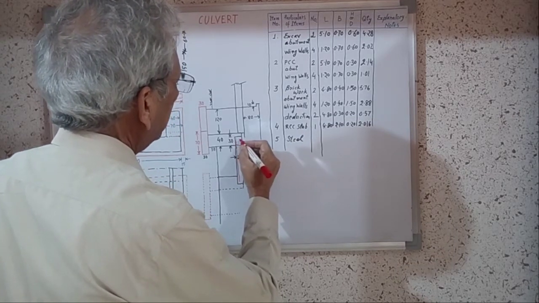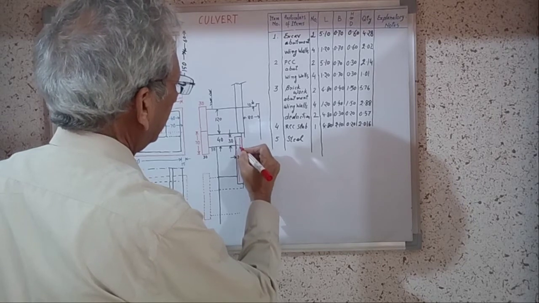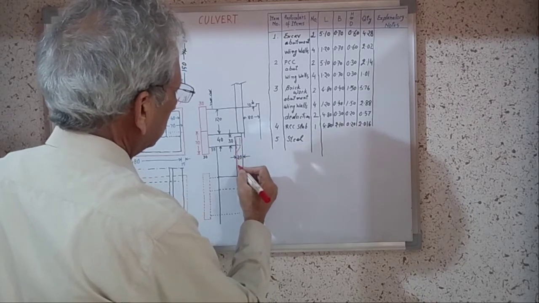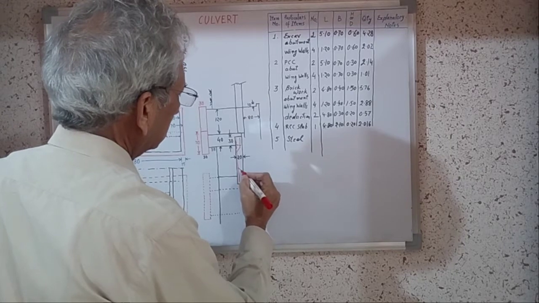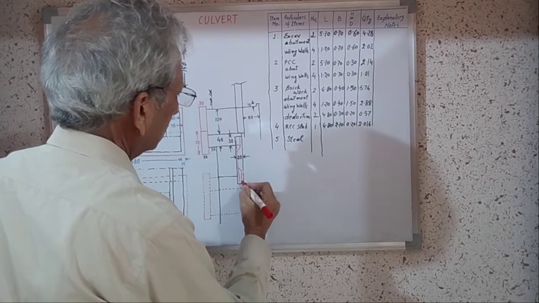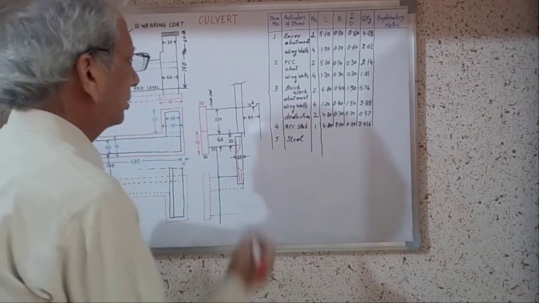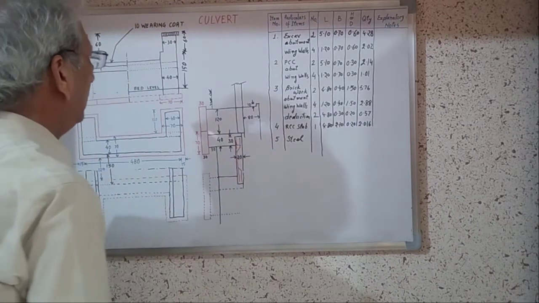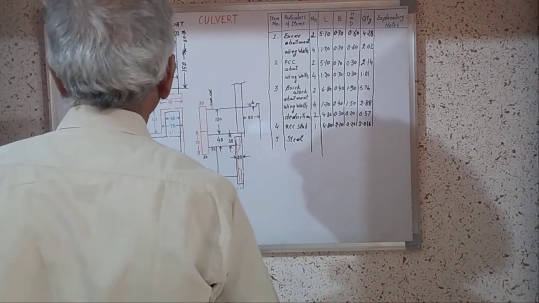This is the main steel and these are the cranks. And there is a distribution steel.